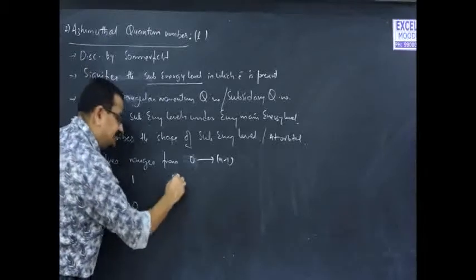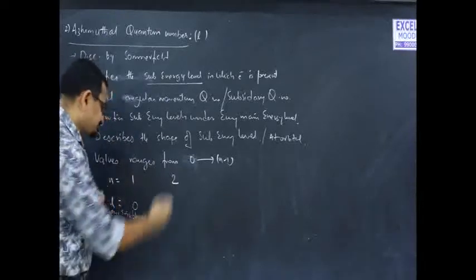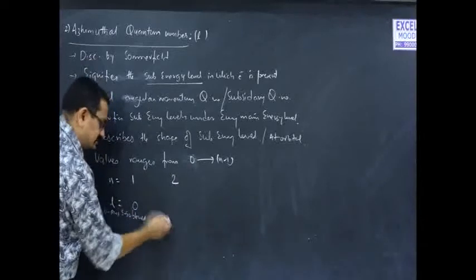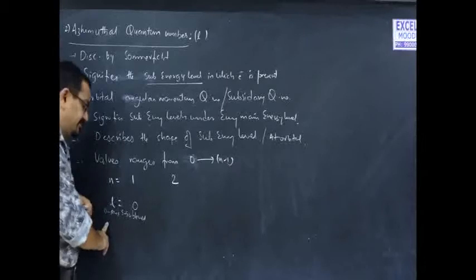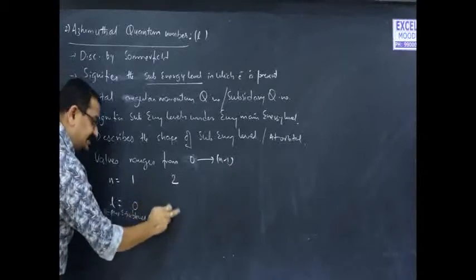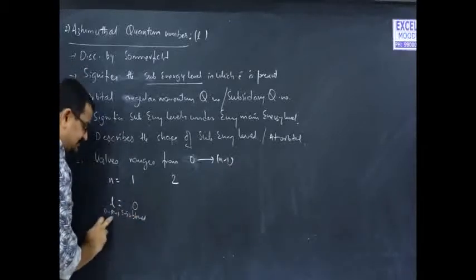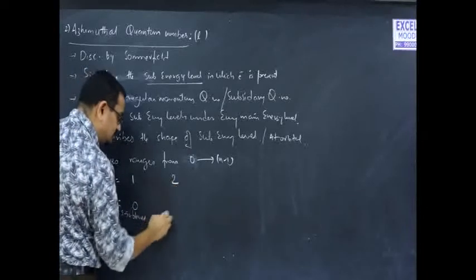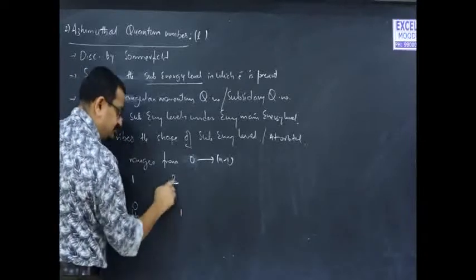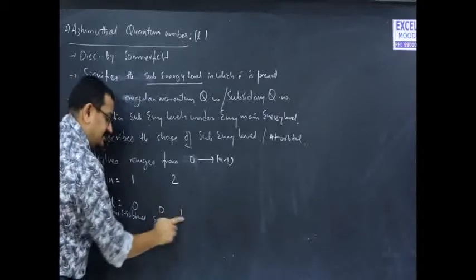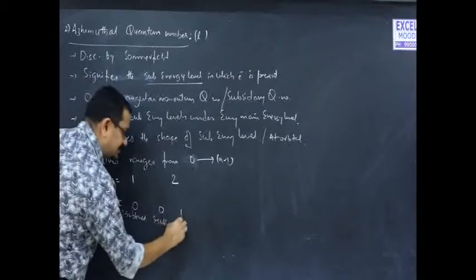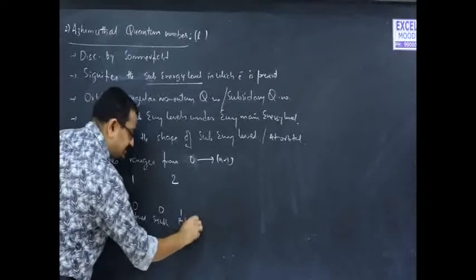Similarly, under the second main energy level, how many sub-energy levels are possible? That is also described by this Azimuthal quantum number. 0 to n minus 1; here n is 2, so 0 to 2 minus 1, which means 1. So this is again the S sub level, and L equal to 1 is the P sub level.